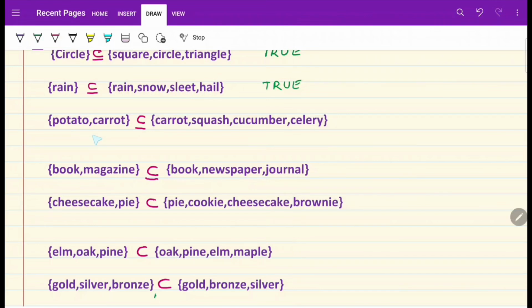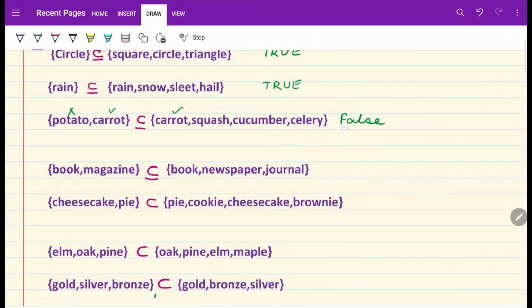So we see over here in the subset, there's carrot in both the subset and the set. However, potato is not a member of the set that the subset comes from. All right. Therefore, this is a false statement.